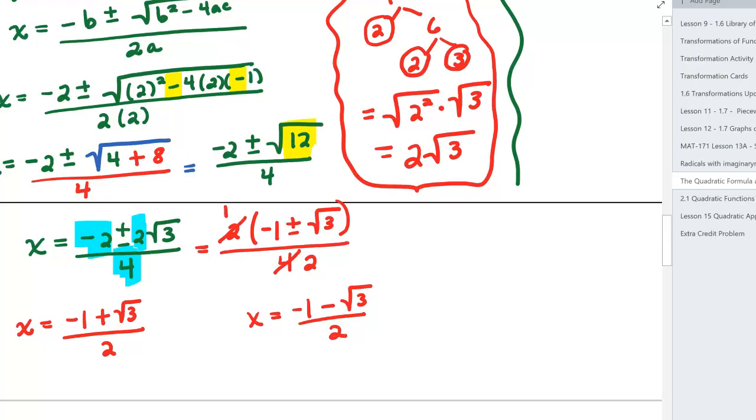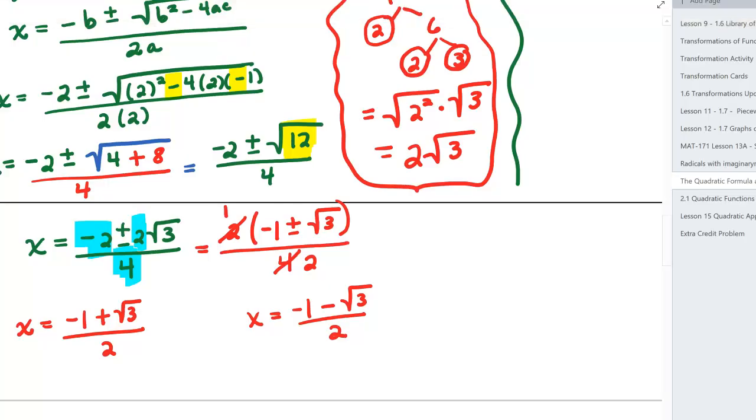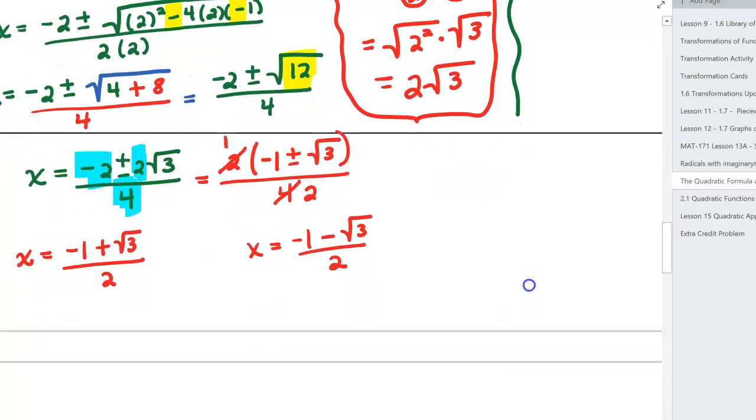Now, some of the problems in ALEKS are going to actually ask you to find the decimal approximation for these. So you're going to enter these in your calculator, but you need to be very careful because you need to put this in parentheses before you divide by 2 if you're going to do it all in one step. Or you can do the numerator, hit enter, and then divide by 2. But if you don't do one of those two things, it will give you the wrong answer.